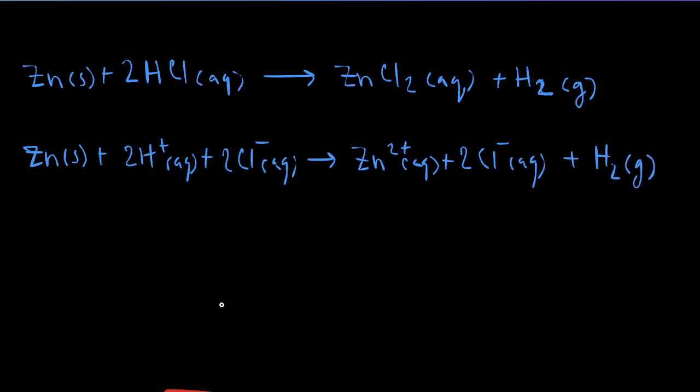Finally, step 3, for our net ionic equation, we will have to cancel out the spectator ions, which in this case, if you'll observe, Cl minus appears on both sides.